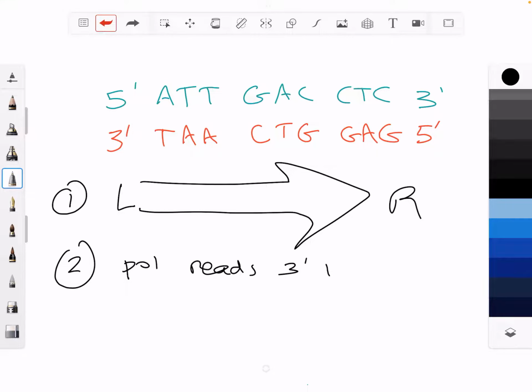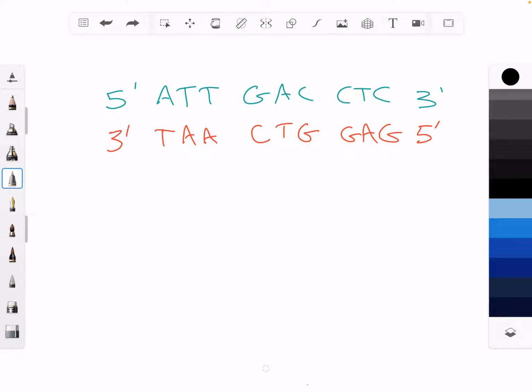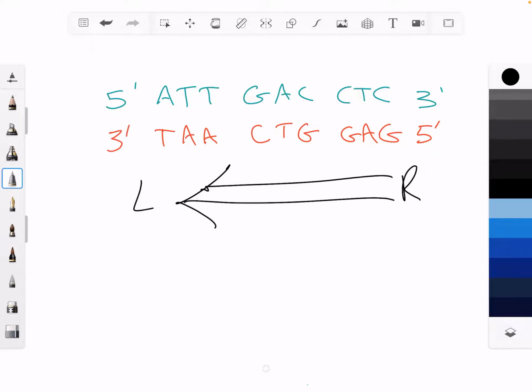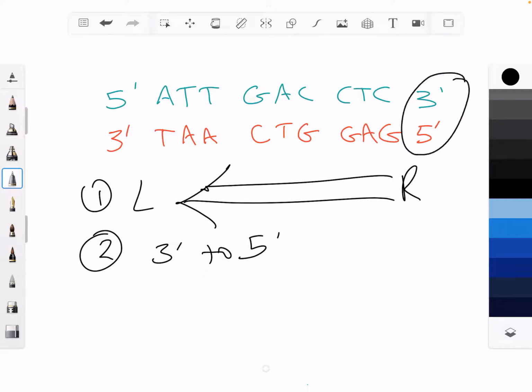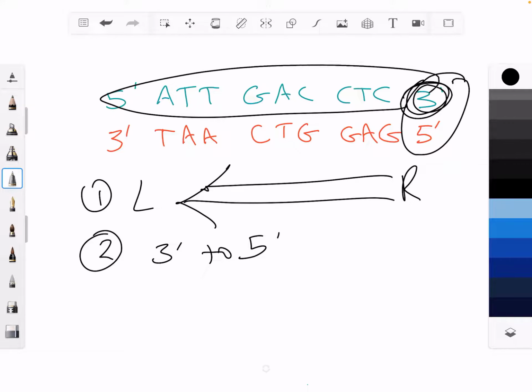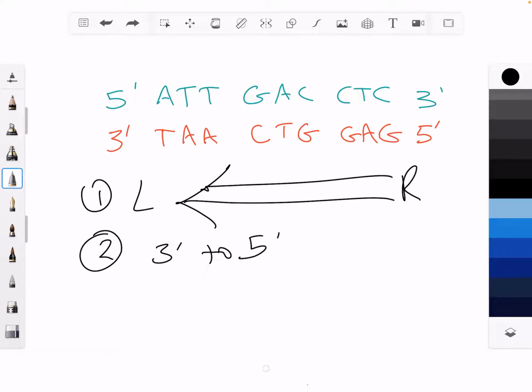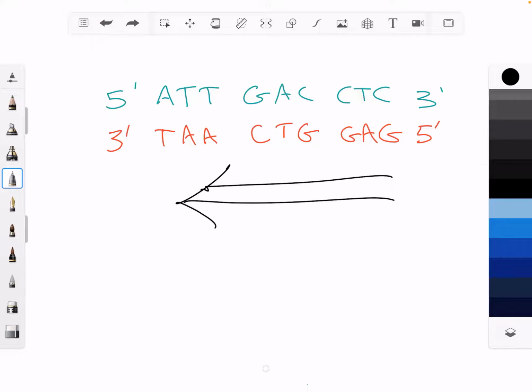If we have the opposite information, and we are told that we're moving from right to left, we can still use that piece of information along with the idea that we read from 3' to 5'. And so if we start on the right side, the top strand has 3', so we know that we're using this strand.